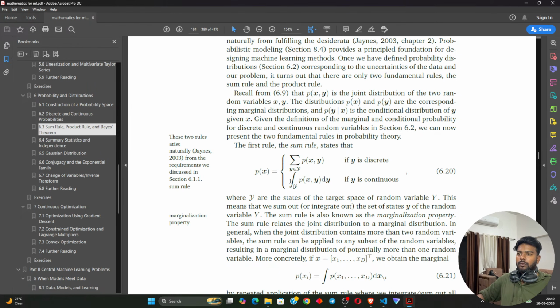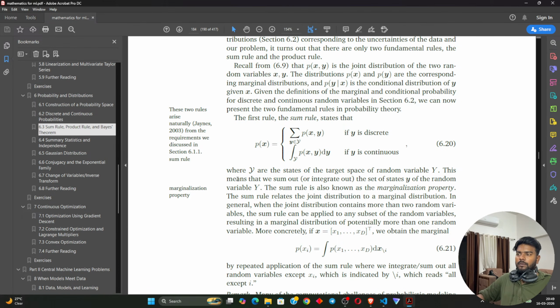Where y is discrete, it is the summation over y in the target space Y of p(x, y), and Y here is the target space of the random variable.